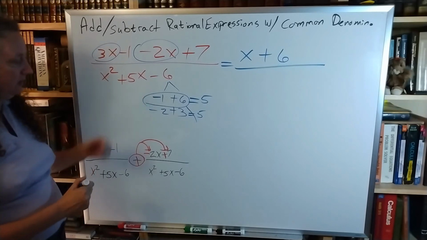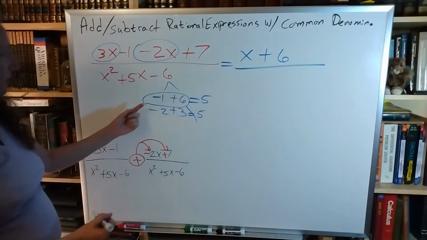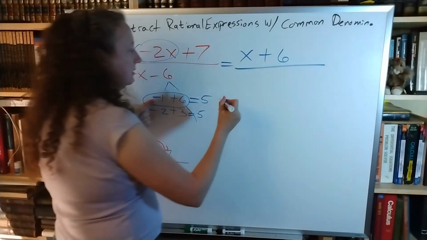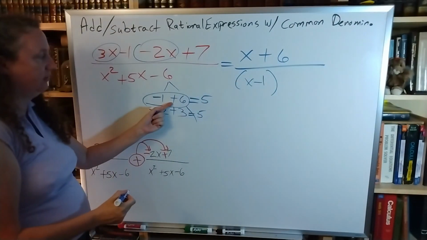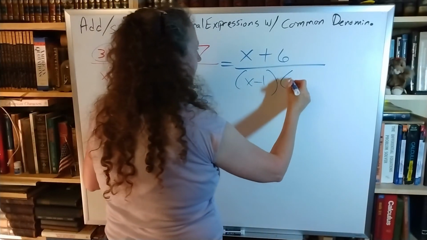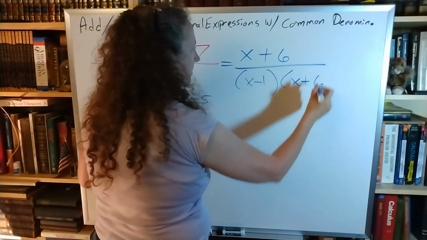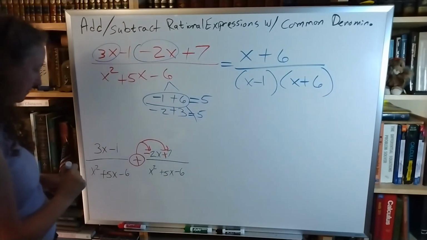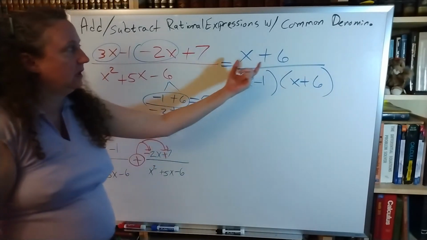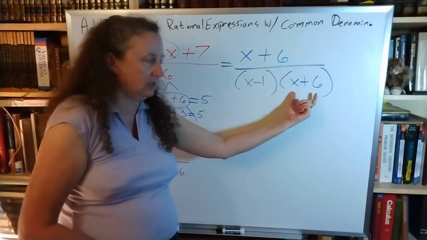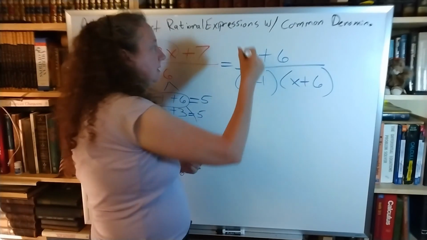Shortcut time. I have x minus 1 and x plus 6. Can I reduce? I have an x plus 6 on the top, I have an x plus 6 on the bottom.